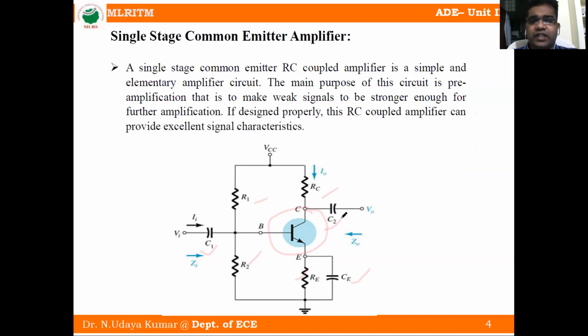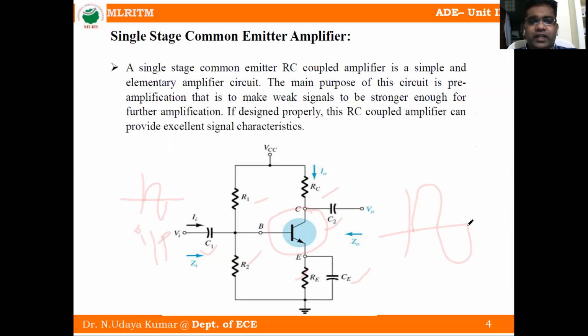VCC means DC voltage. Here VI is the input. We give a small input signal, which we have to amplify, so the amplitude or strength of the signal is very high at the output of the RC coupled amplifier. This is the description of the circuit.